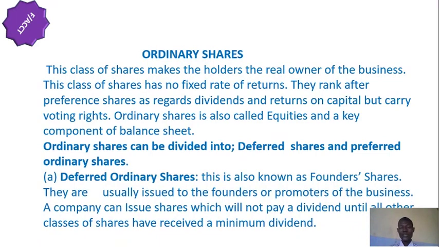Deferred ordinary shares. This is also known as founders' shares. They are usually issued to the founders or promoters of the business. A company can issue shares which will not pay a dividend until all other classes of shares have received a minimum dividend. So that's for the deferred or the founders' shares.